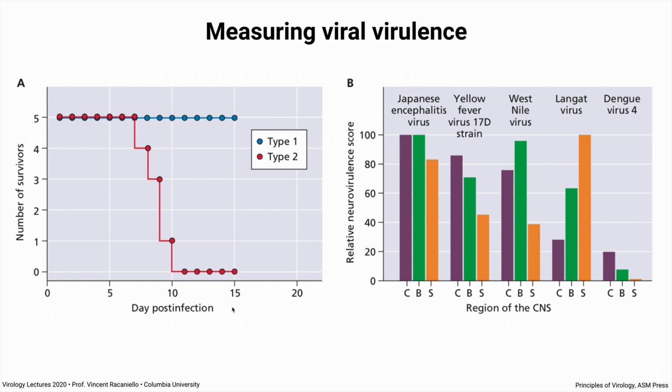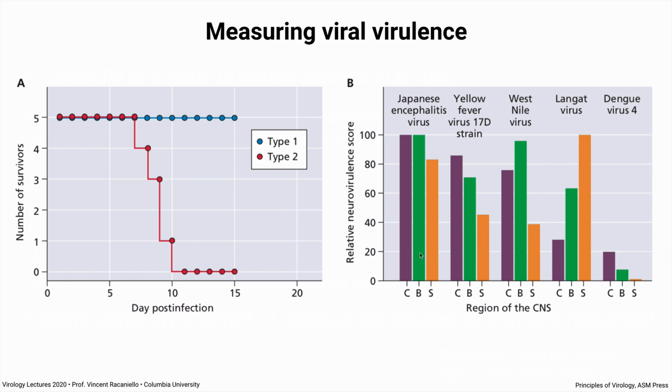And you can see we have two different serotypes of poliovirus, type 1 and 2. Type 1, all the mice survive after intracerebral inoculation. Type 2, eventually they all die by day 10 or 11 or so. And a dot at each day indicates the death of one or more animals. So measurement of survival.